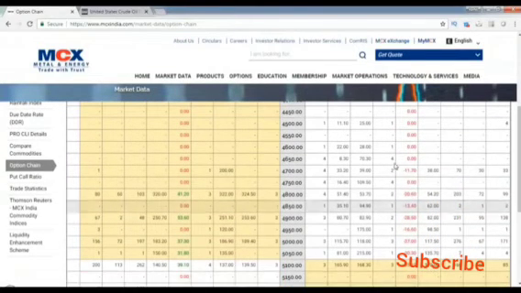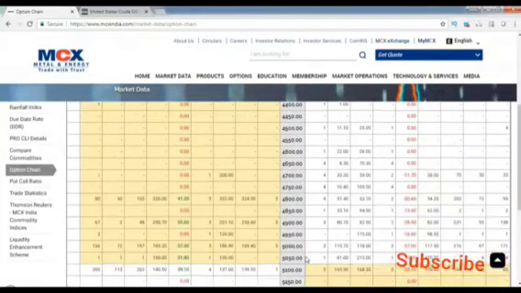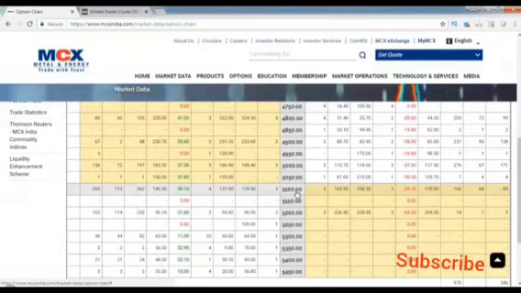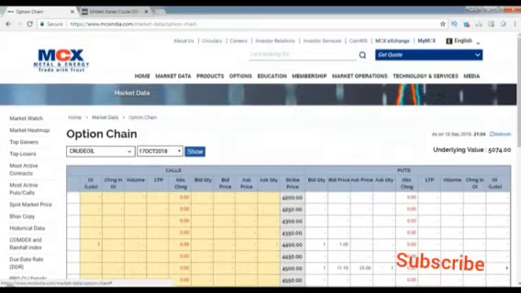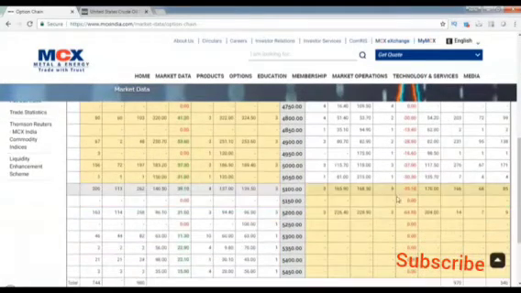It looks more or less similar to the NSE data. Say for example, for the October month, 5100 strike price, this side is call and this side is put. It is identical to NSE. At the moment it is trading around 39 rupees.